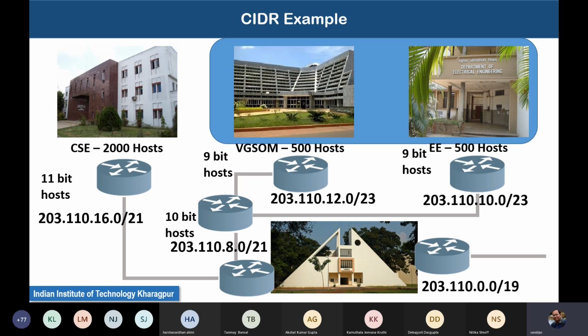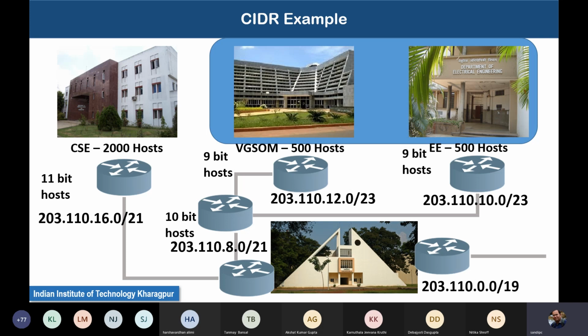One possibility is that I need to try it out and see. We might divide CSE into multiple blocks, VGSUM into multiple blocks, and E into multiple blocks. You are saying VGSUM is 1000, E is 1000.